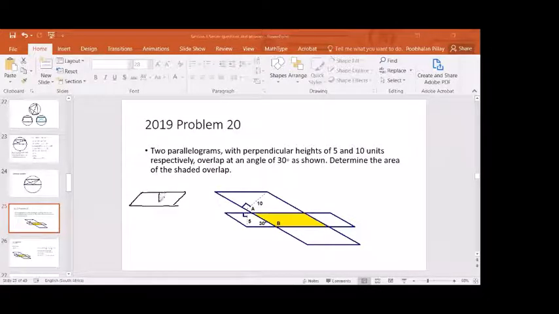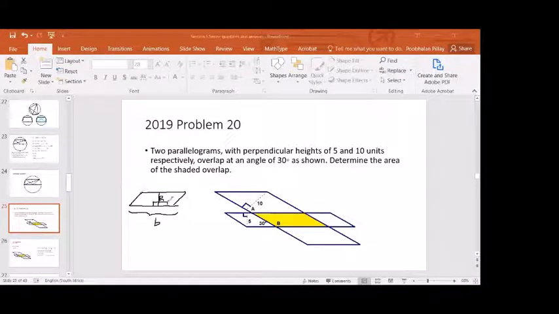You've got parallelograms, and the height is a perpendicular height. A height of a parallelogram has a very important function, namely you can find the area. The area of a parallelogram is base times height, and the area of a triangle is half base times height.